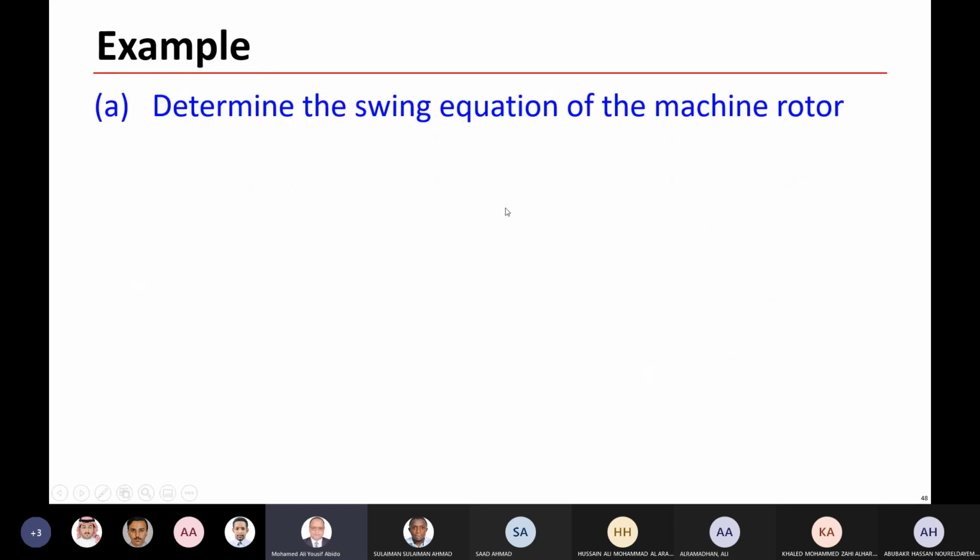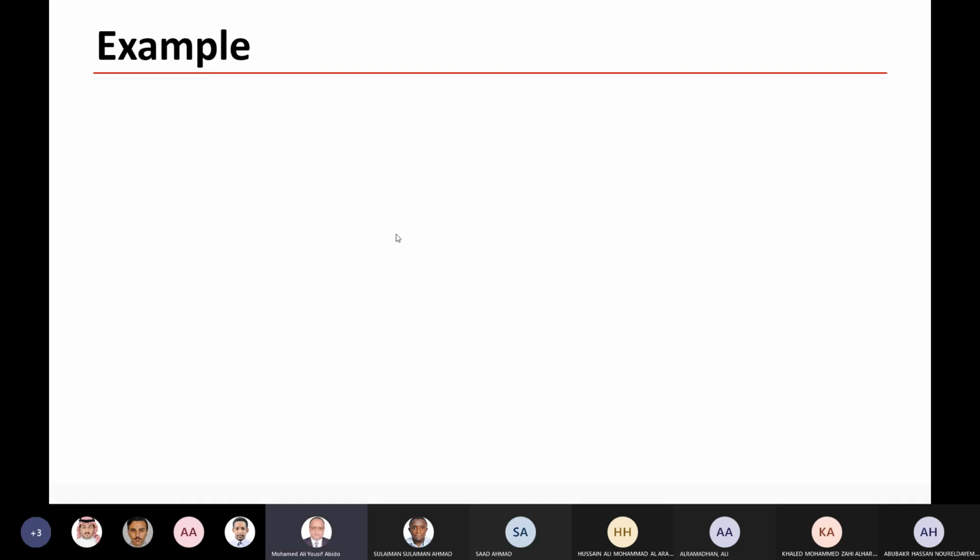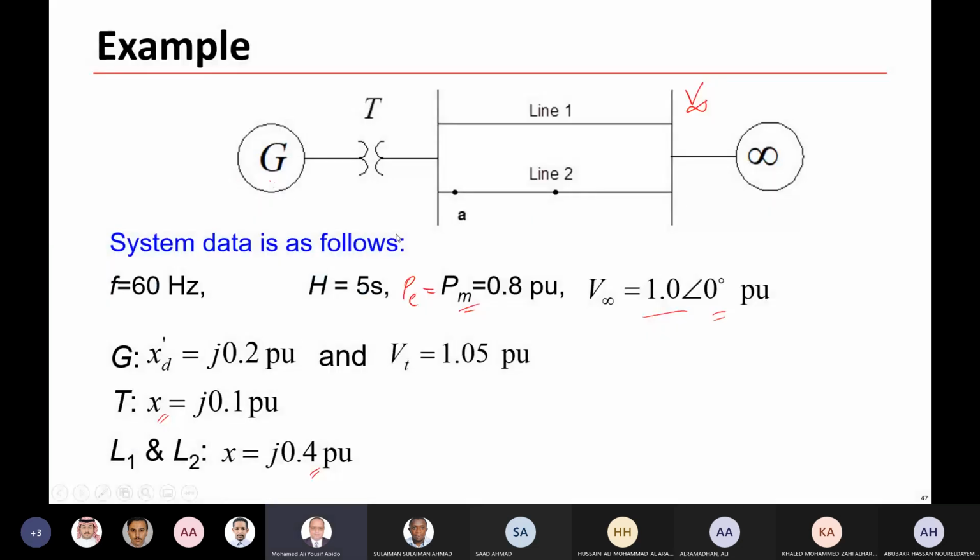Determine the swing equation of the machine rotor. Of course, to write the swing equation, it is very simple. How to proceed? If you want to write the swing equation, can anybody tell us from where we can start?